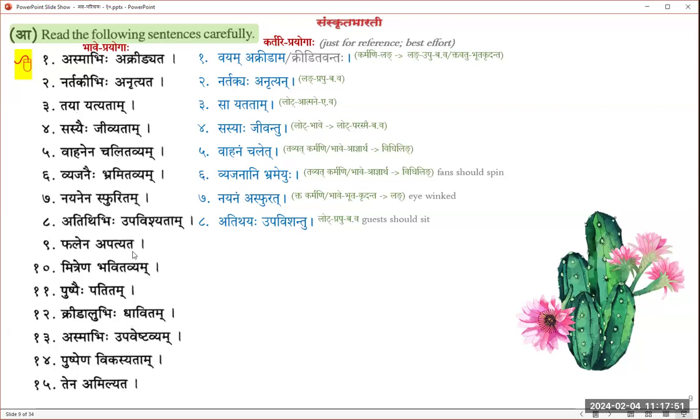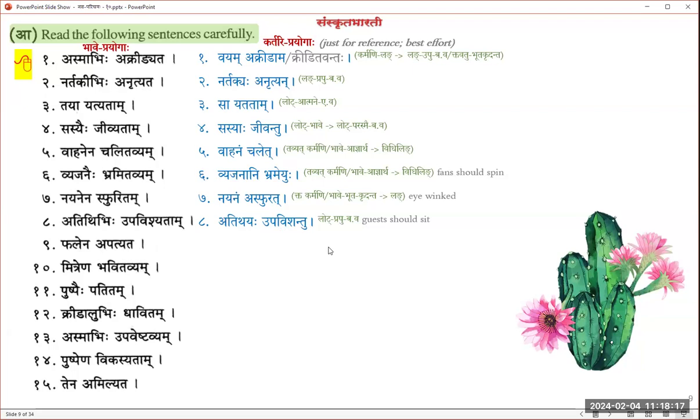Phalena apatyata. By the fruit, it is fallen. Back to again lung form. See, anrutyata, akridyata. See how Samskrita Bharati is playing with us. They are trying to switch to see whether the student is able to think through. Of course, here we are doing it together with you. But phalena apatyata, by the fruit it is fallen. Again back to this lung bhave form.